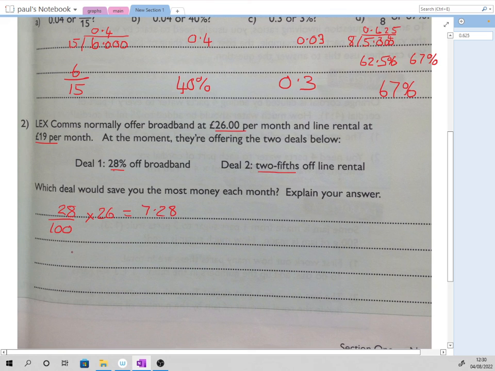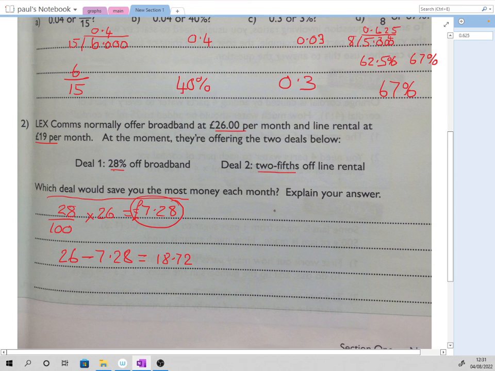So then if we do £26 minus £7.28 is 18.72. Did I need to do that? I don't think I needed to, because the question is which deal would save you the most money? So that deal is going to save you £7.28. So I didn't need to work that bit out.